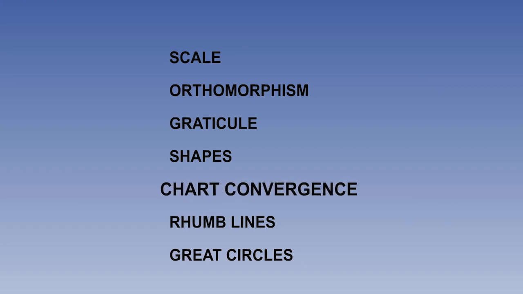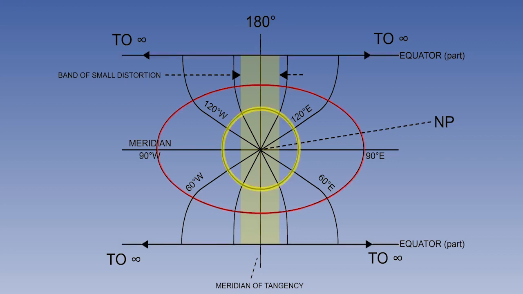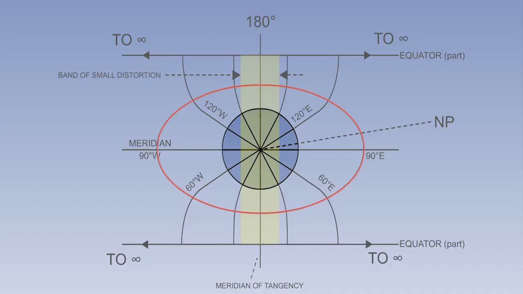Chart convergence is complicated on this projection because it constantly changes. This is because meridians are mostly complex curves which constantly change direction. Near the pole, the parallels of latitude are not very elliptical. In fact, they are virtually circles. So as we have just said, the meridians will emerge radially from the pole in a very similar way to the polar stereographic.